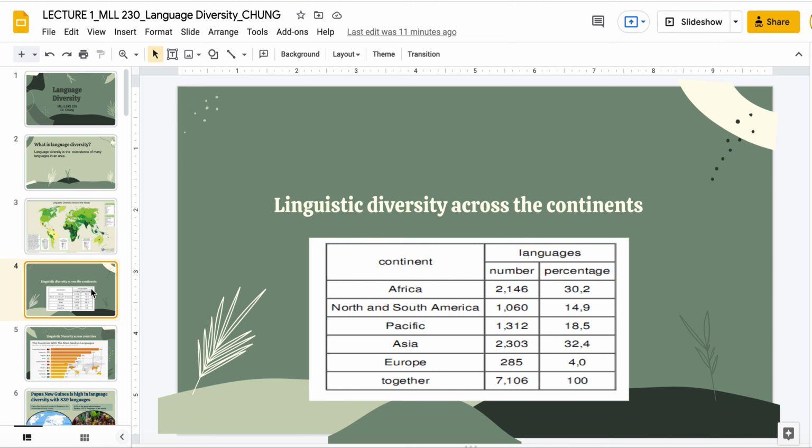A lot of you might also be a little surprised when you think about North and South America. You think, okay, maybe it's English and Spanish, but actually there's more languages than just those. You're talking about those indigenous languages. You're talking about different language varieties, those dialects.